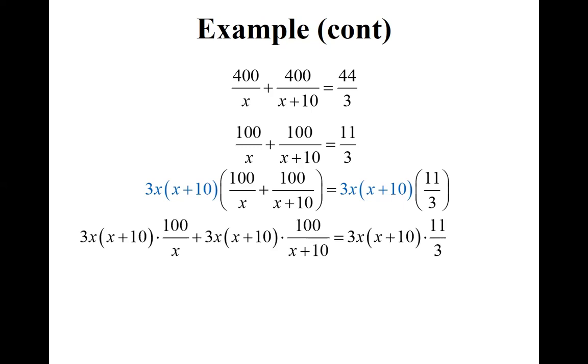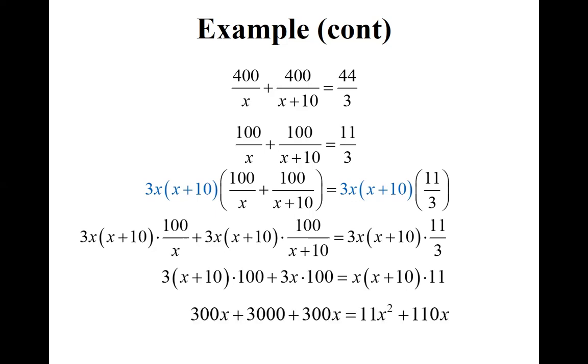Distribute the 3x times x plus 10 to both terms on the left. Multiply it by the 11 thirds on the right. On the right, the 3's cancel, leaving us with 11x times x plus 10, which is 11x squared plus 110x.